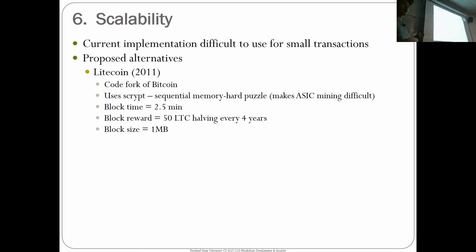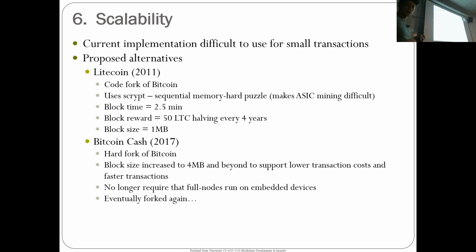If you have a memory bound puzzle where you require a bunch of RAM to solve, that puts the resource into something that's a little bit harder to just scale up. The block time of Litecoin is much smaller, so that it gives you a better transaction throughput, and it's got the same block reward and the same block size.